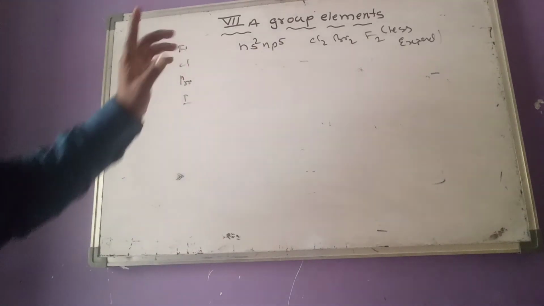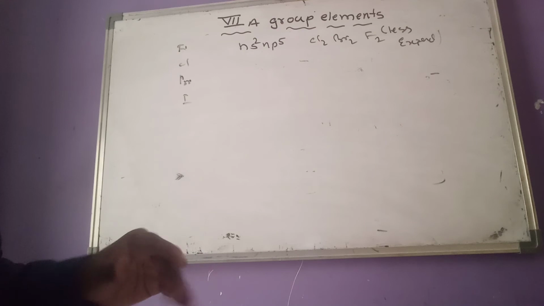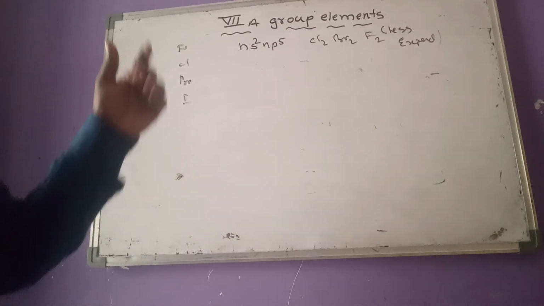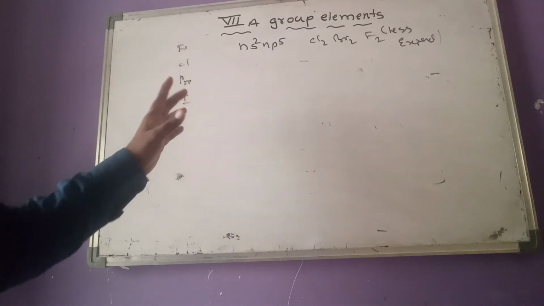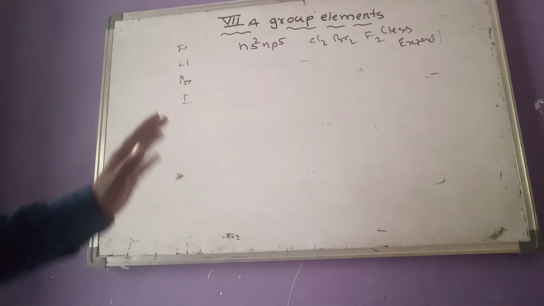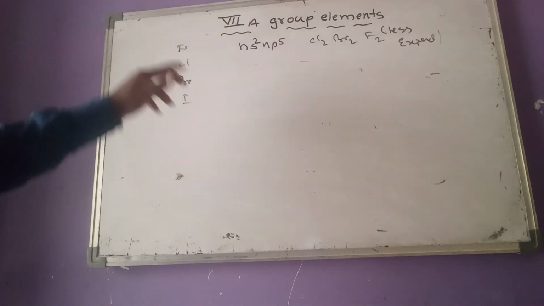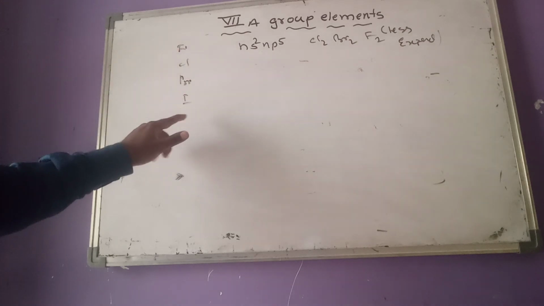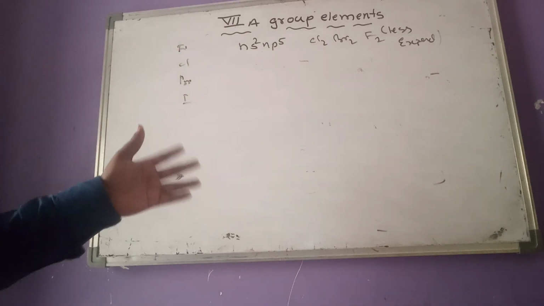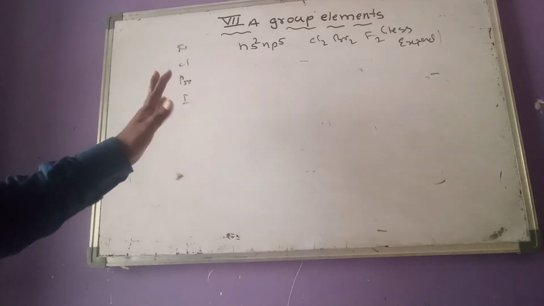Fluorine. And which halogen can be displaced by all other halogens? Iodine. Or in simple language, the halogen which kicks all other halogens is fluorine, the halogen which can be kicked by all other halogens is iodine.